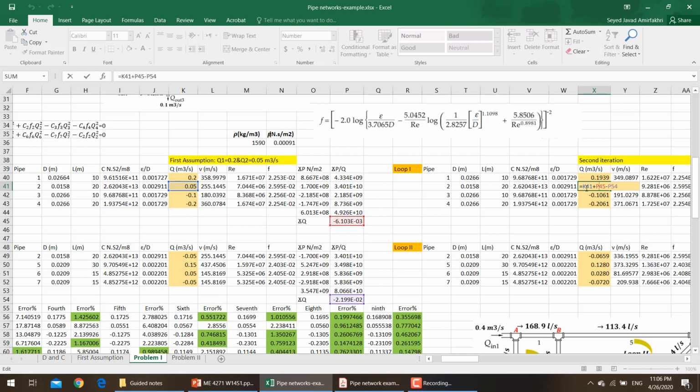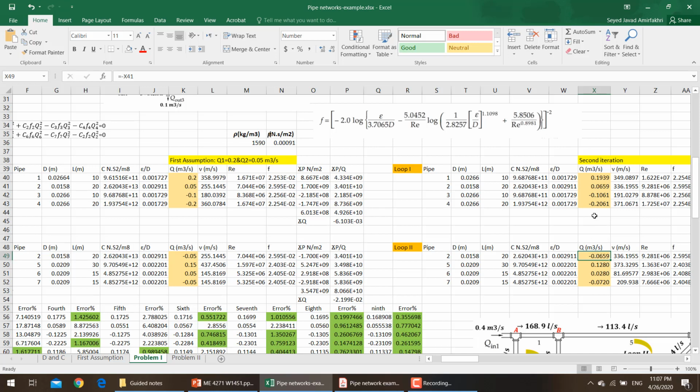So you need to add the delta Q for the first loop, and then the negative delta Q for the second loop. By using this method, you can find all the Q news. Now you need to check. Keep in mind that the value of Q in the second loop is of the opposite sign to Q in the first loop.